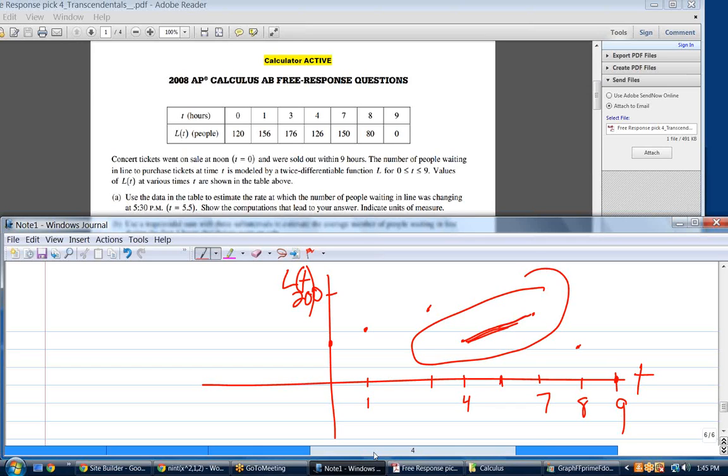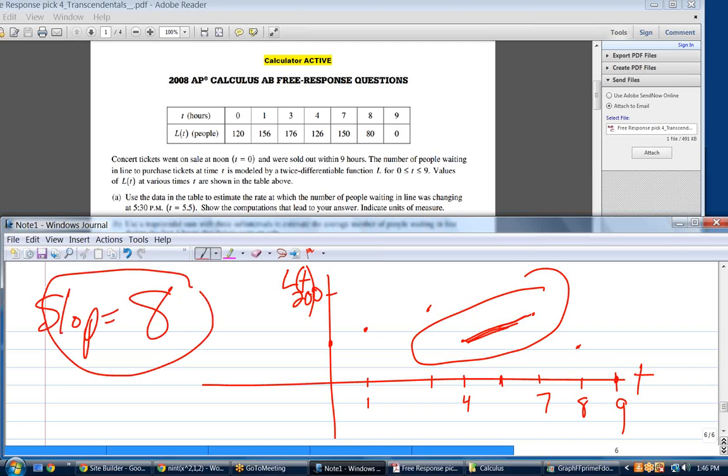It looks like a linear slope. Yep. Has to be linear, because they only gave us points and we can't estimate the curve between those points. So we have to assume it's linear. So that's the dots between 4 and 7. So that's 150 minus 126, which is 24, over 3. Is that 8? It is.